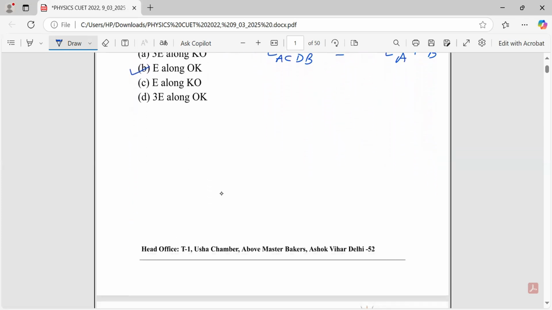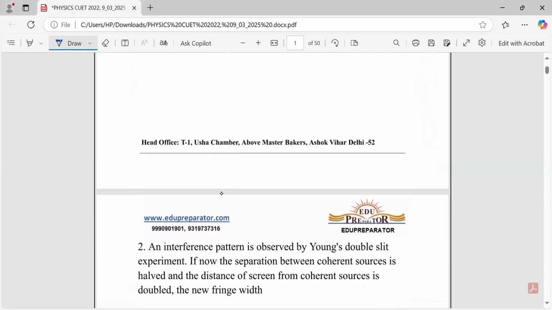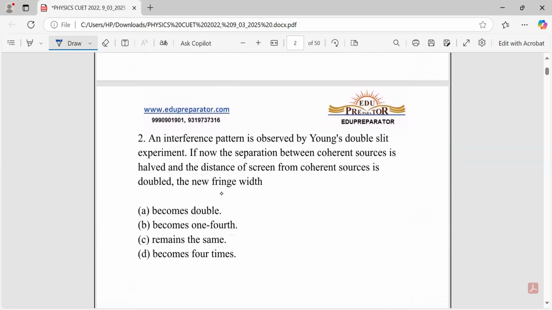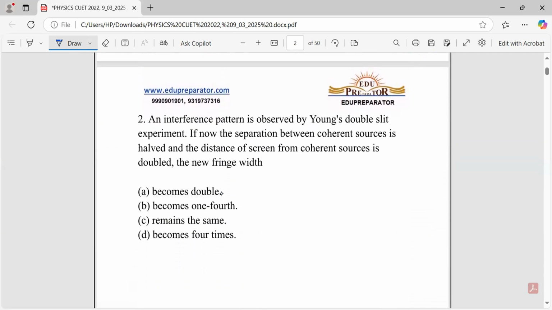The question number 2 is based on the interference pattern, and this case involves a fringe width concept. We all know that fringe width beta is equal to lambda into screen distance upon the slit distance. He says the separation is halved and screen distance is doubled.